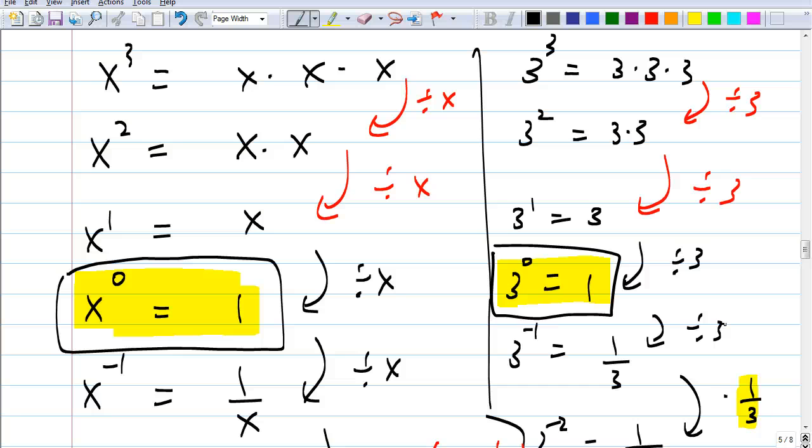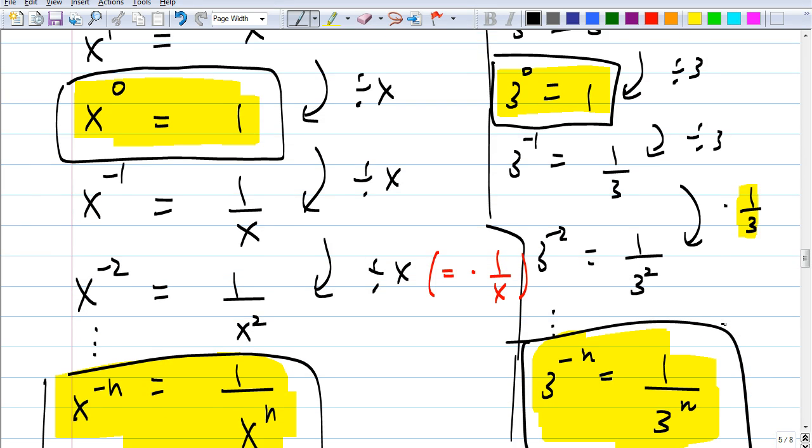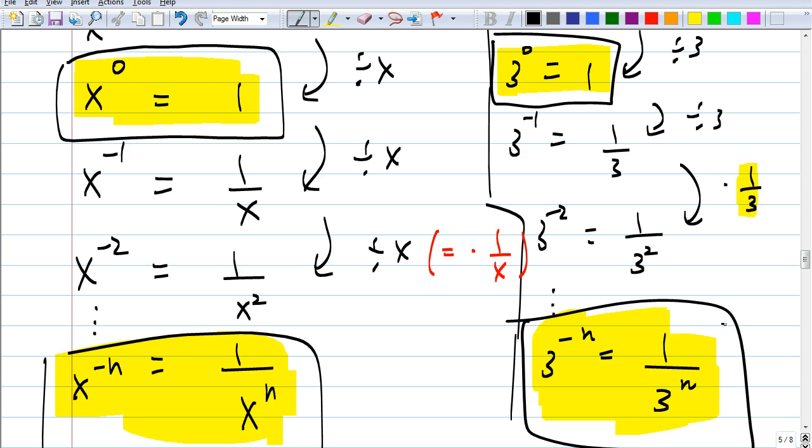What about 3 to the negative n power? 1 over 3 to the n. Does this make sense? Do you see why x to the 0 power is 1 and 3 to the 0 is 1? Any questions?